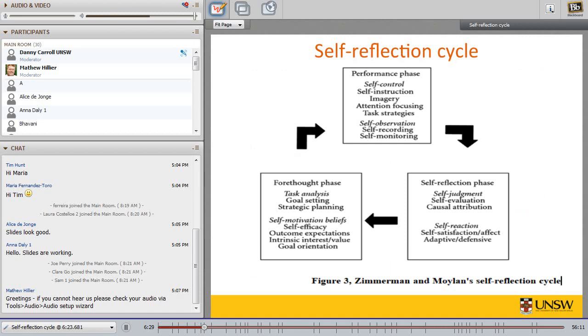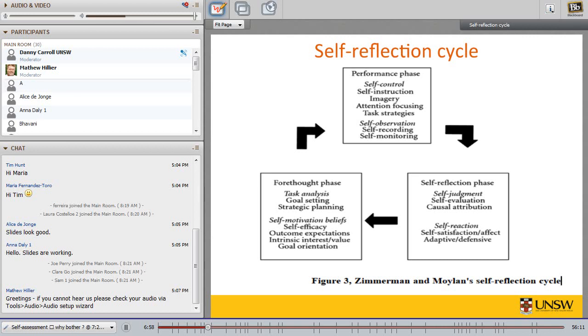And so when I go on a little bit to describe my task design in terms of how we supported students, basically we went through cycles that mirrored Zimmerman and Moylan's self-reflection cycle, and we used that in a self-assessment setting. So we did a lot of work on task analysis and criteria analysis and getting them to engage their beliefs about their ability to be self-assessors.